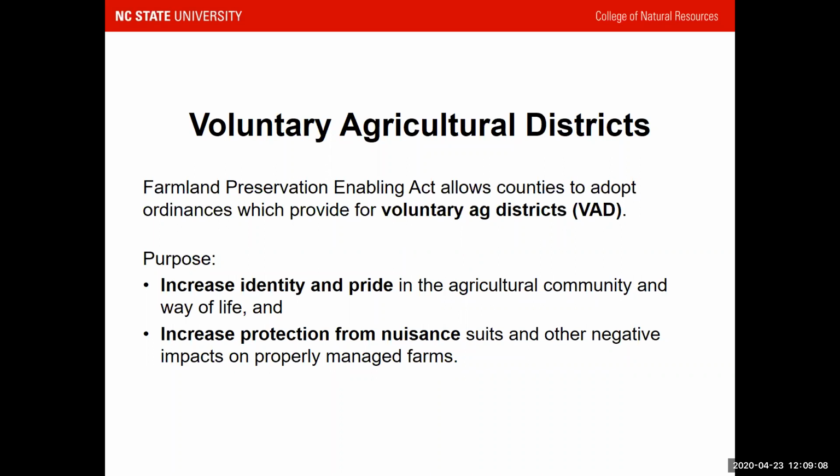But with the ordinance comes increased protections from nuisance lawsuits. Those are maybe neighbors moving in nearby and claiming that they didn't know a farm was noisy or dusty or may have odors at different times of the year. So that's the nuts and bolts of the program. Let's talk about some of the details.